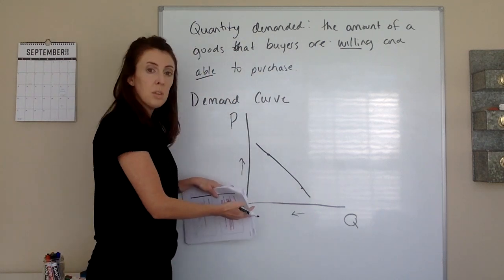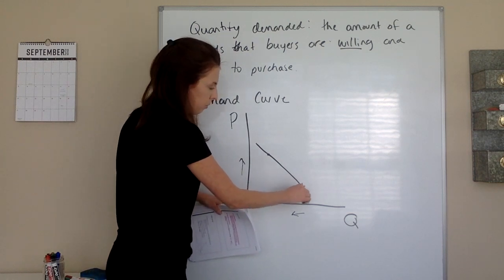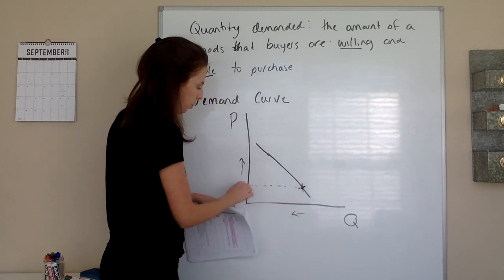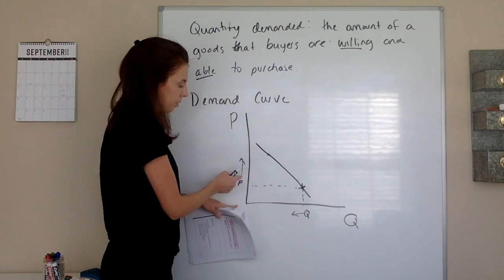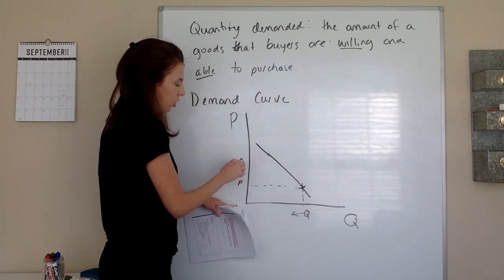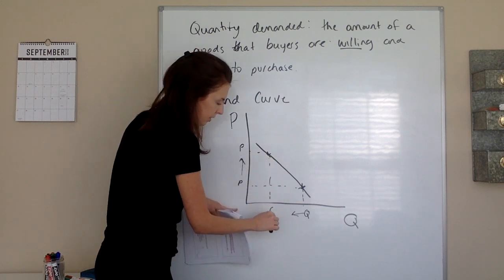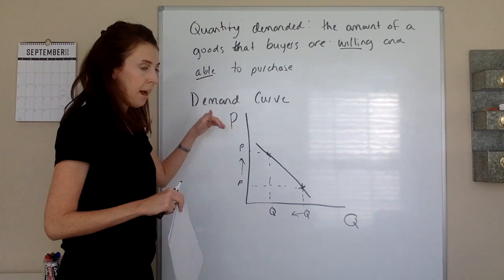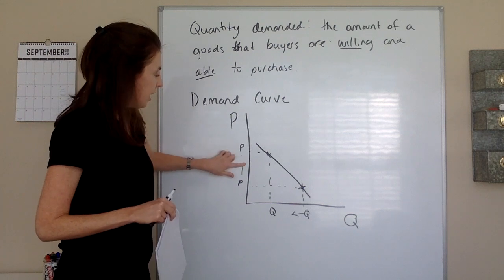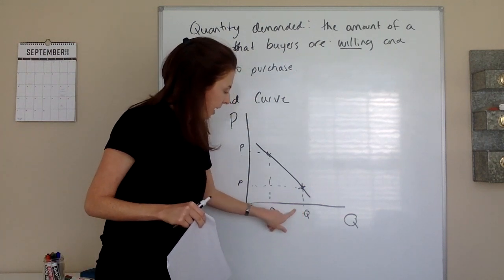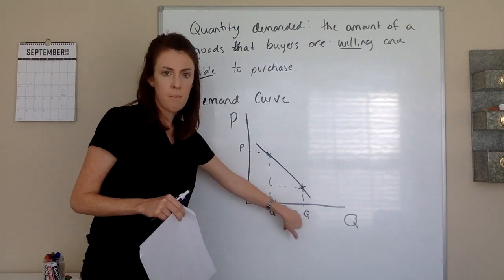This is consistent with the law of demand because the law of demand says if you start somewhere, perhaps there, and that coincides with a particular price and a particular quantity, then if you increase the price, you get to a new coordinate where the price is higher and the quantity demanded is lower. And if you back up, the same thing works in reverse, which is also consistent with the law of demand. If you take the price of a good and you lower it, the quantity demanded goes up.